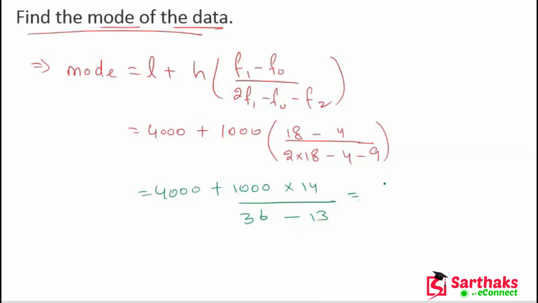Okay. So now 4000 plus 14,000 divided by 36 minus 13 we get 23. I hope you get this point. So now, my dear friends, we have 4000 plus, if we divide this we get 608.695.